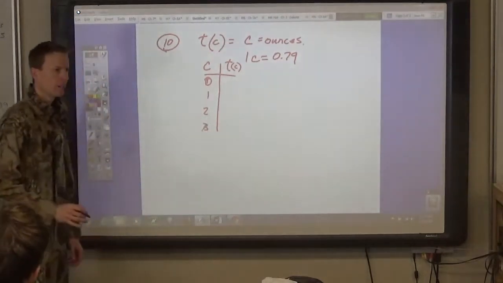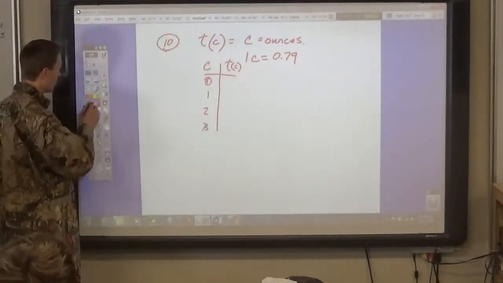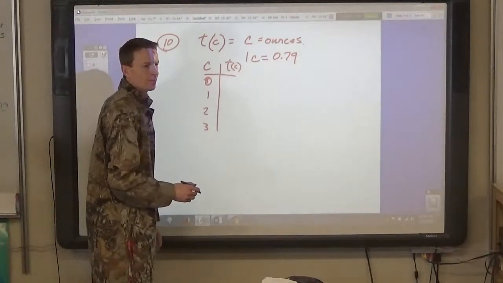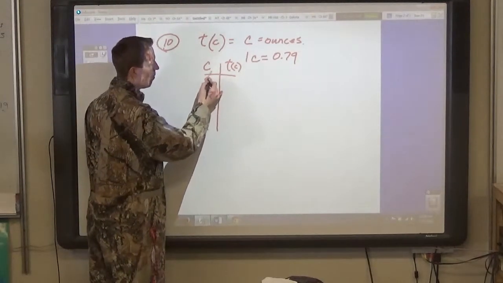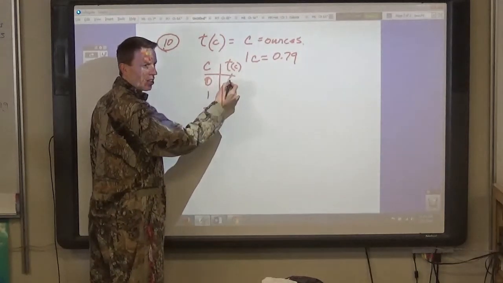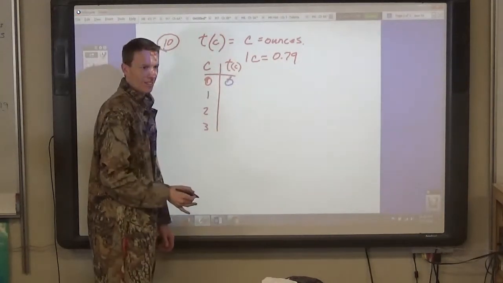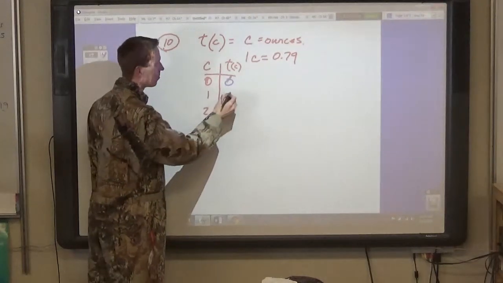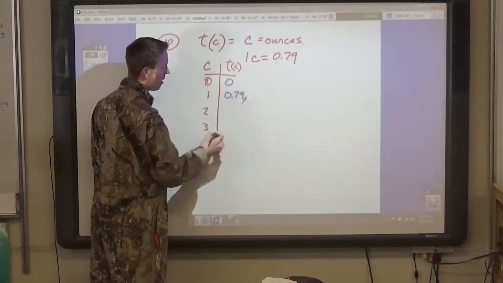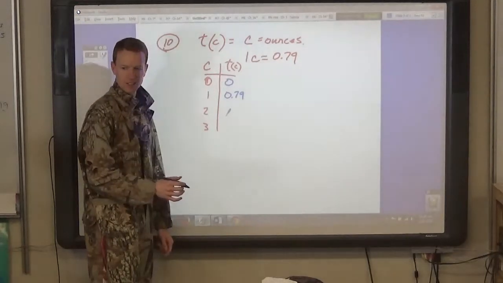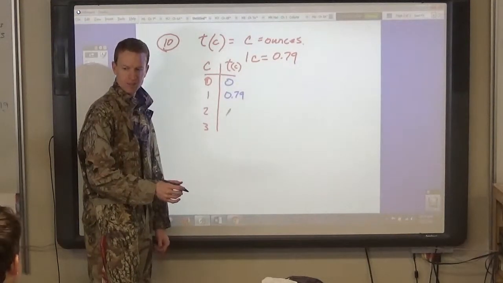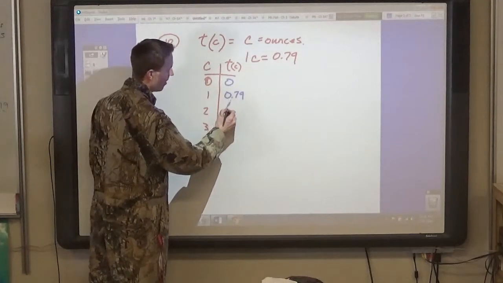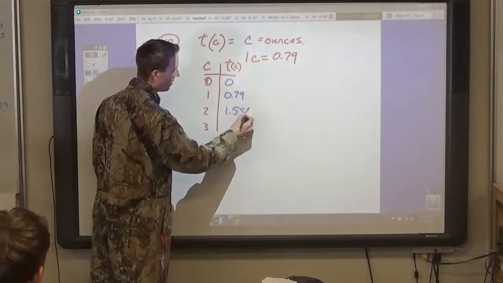So the total cost for 0 ounces is 0. If we buy 0, it's going to cost us 0, right? Yes. And 1 is going to cost us 0.79, and 2 is going to cost us $1.58.